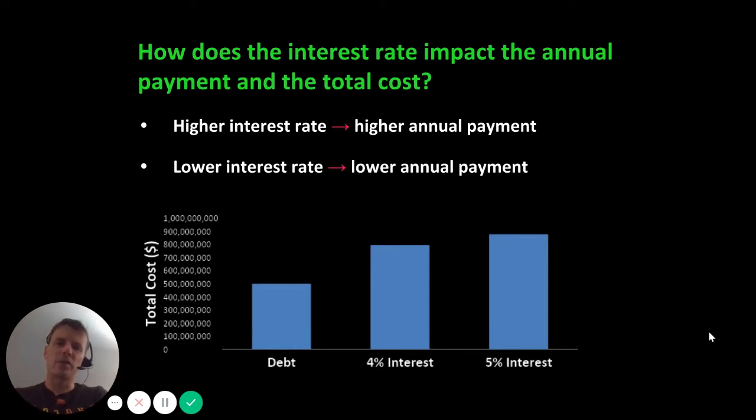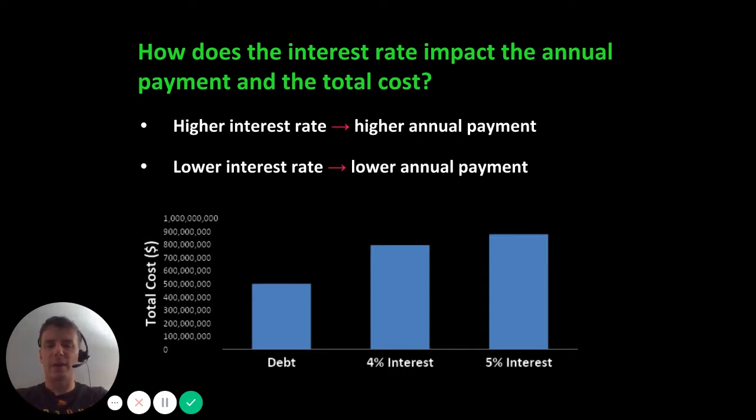So now let's look at how the interest rate that the utility pays on the bonds that it issues impacts its annual payment and the total cost of this power plant. A higher interest rate means that they have a higher annual payment, and a lower interest rate means that they have a lower annual payment.